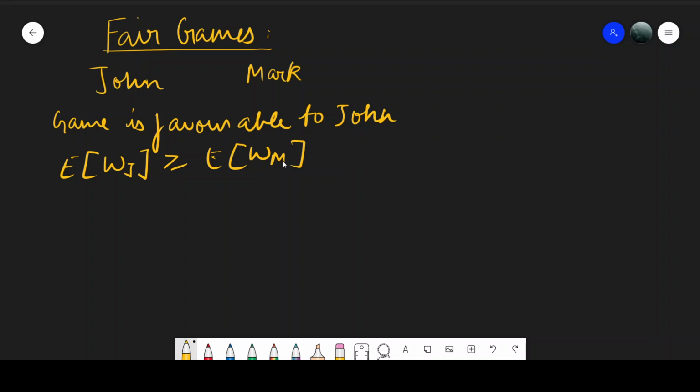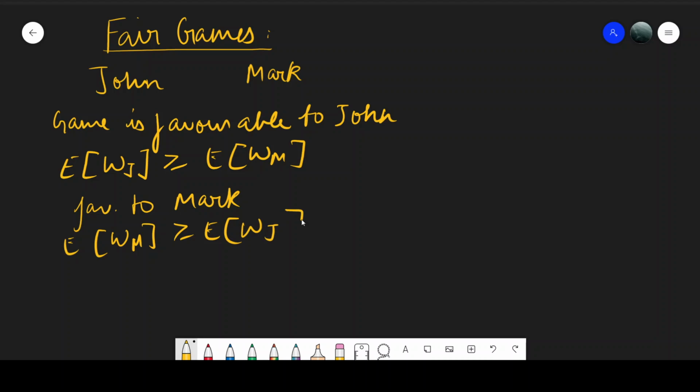Now, I can apply the same logic and say that if the game is favorable to Mark, then the expected winning of Mark is greater than or equal to the expected winning of John, right? I'm applying the same logic here.